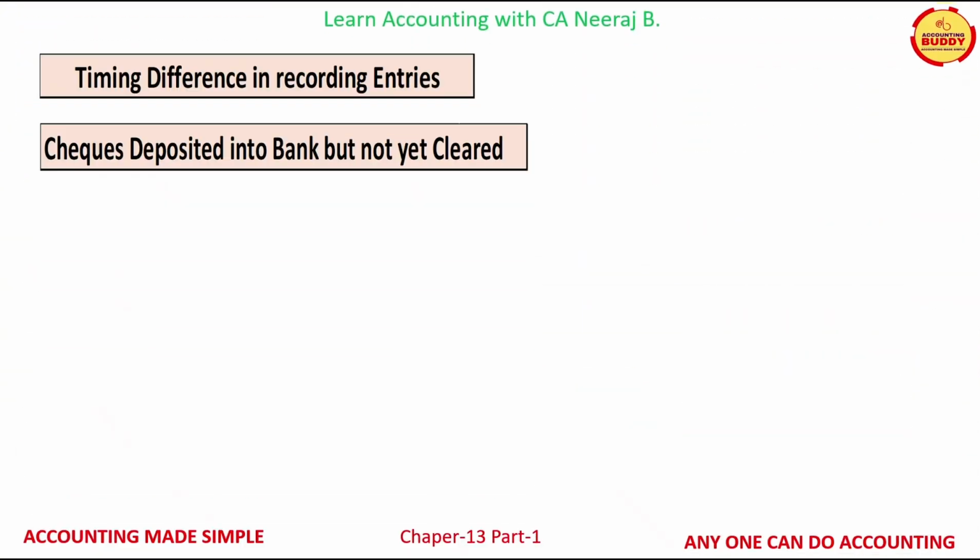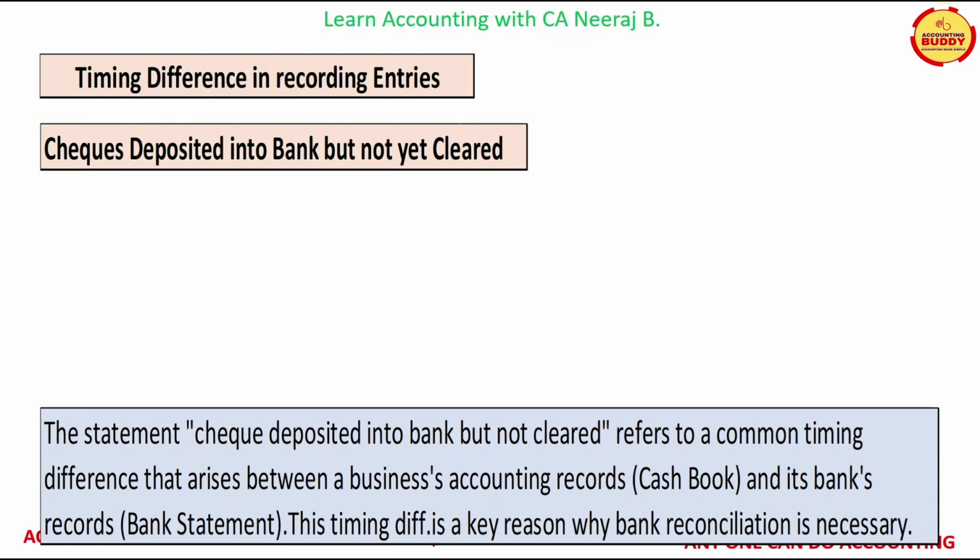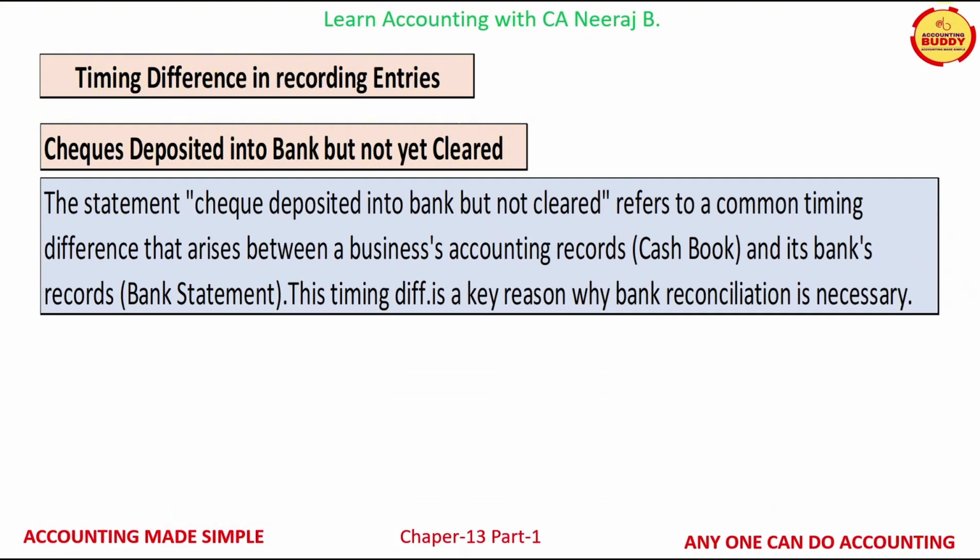Checks deposited into the bank but not cleared is another timing difference scenario which results in the difference in the balance as per cash book and the balance as per bank statement. The statement check deposited into the bank but not cleared refers to a common timing difference that arises between a business account record, that is the cash book, and its bank's record, that is the bank statement.